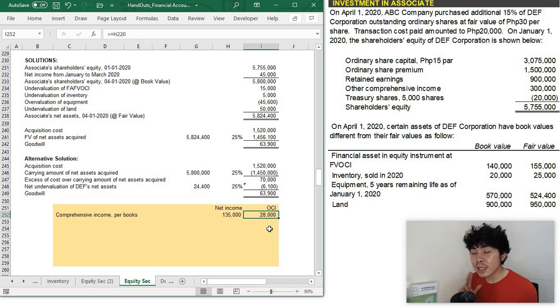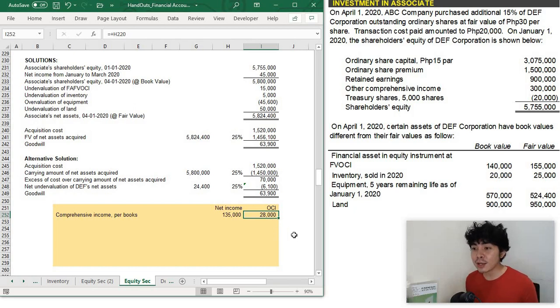So, sa point of view natin, ang increase sa fair value ng kanyang financial asset is 168,000 minus 155,000 pesos, which is 13,000 pesos. So, ibig sabihin, sa point of view natin, ang OCI dapat ni associate ay hindi 28,000. Dapat 13,000 pesos.